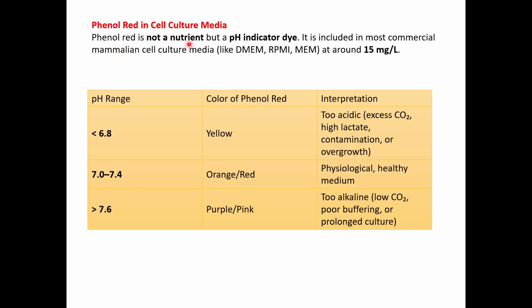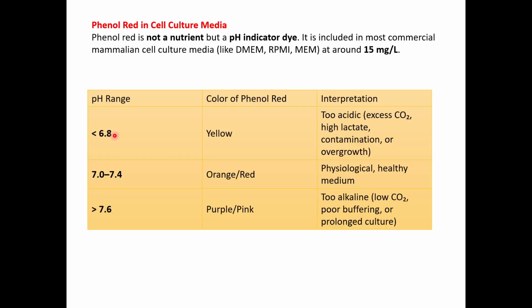So phenol red is not a nutrient, so it's not a mandate in the media for growth, but it helps in detection of pH change. It is included in most commercial mammalian cell culture media like DMEM, RPMI, or MEM at around 15 mg per liter concentration.